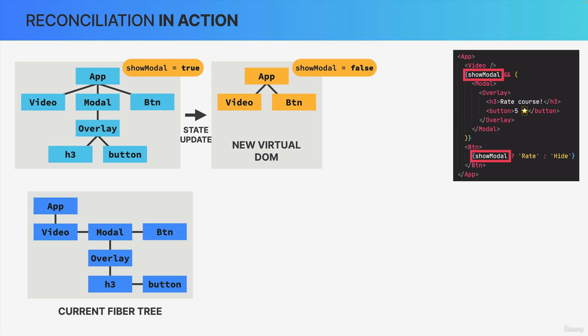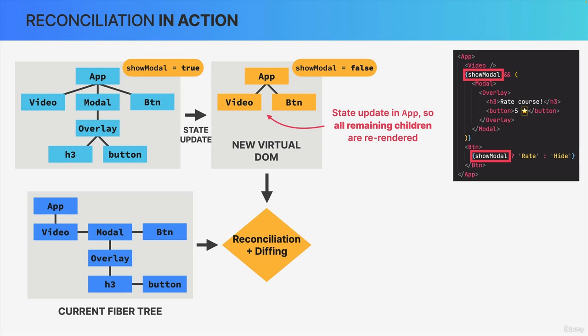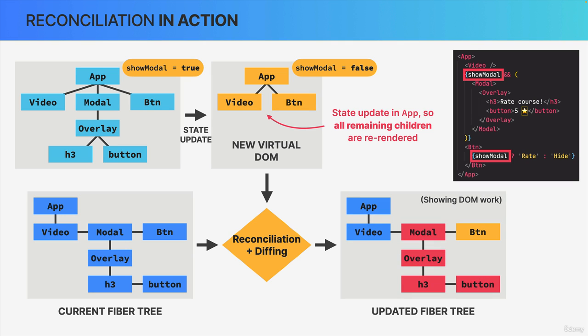And do you remember why that is? That's right. It's because all children of a re-rendered element are re-rendered as well, as we just learned a few minutes ago. But anyway, this new virtual DOM now needs to be reconciled with the current fiber tree, which will then result in this updated tree, which internally is called the work in progress tree.